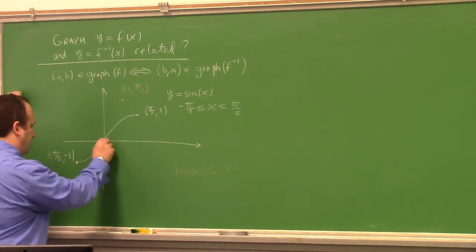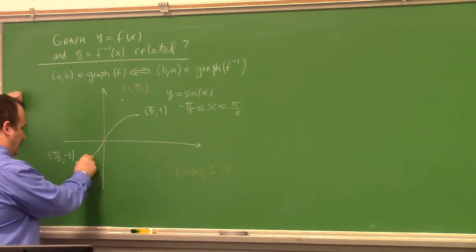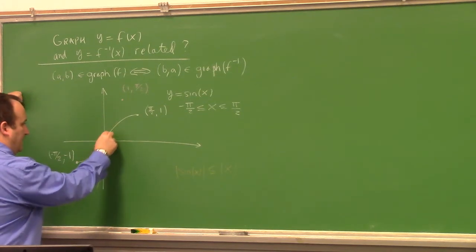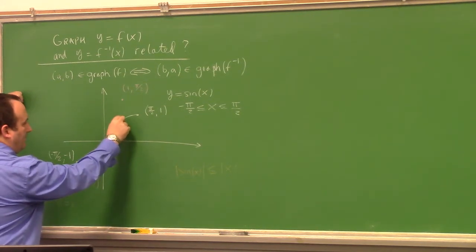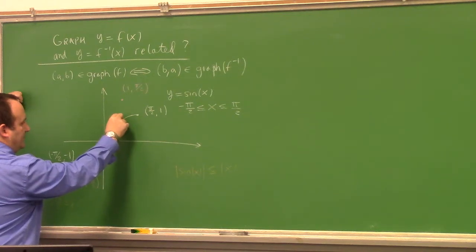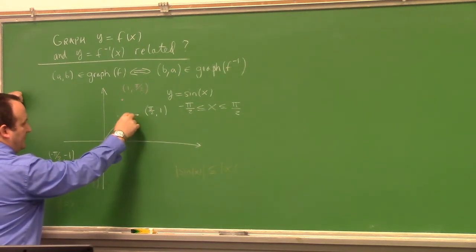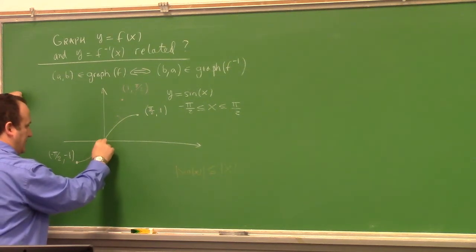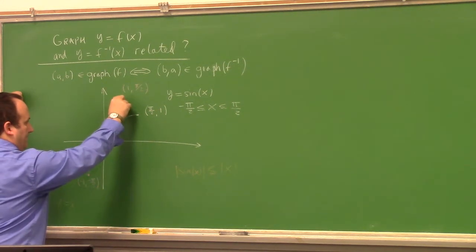Well, this point is on the graph of the inverse function, and this one has to flip to that one. So you can draw the graph by reflecting across the line y equals x. So the graph of the inverse function looks something like that.